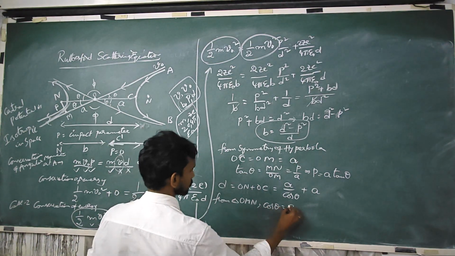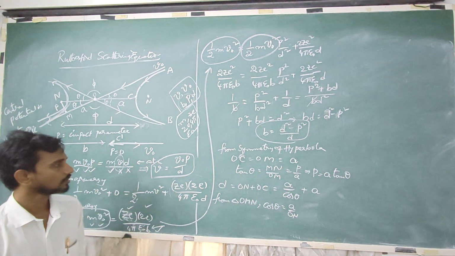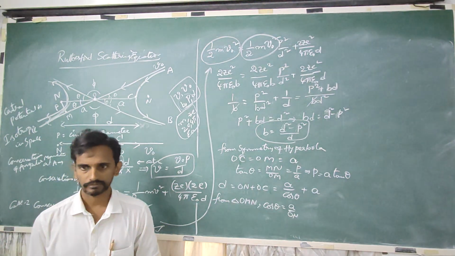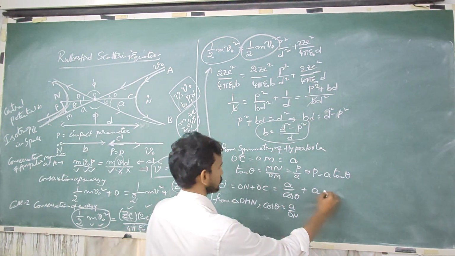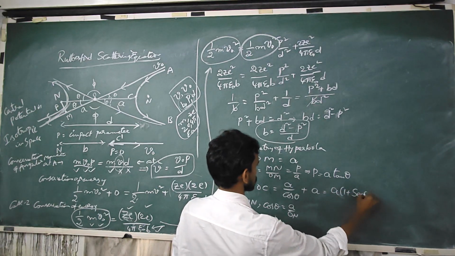A by ON. So ON is equal to A by cos theta. So in total D is equal to A times 1 plus secant theta.